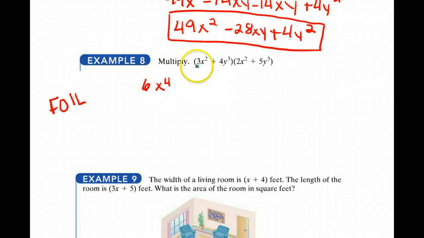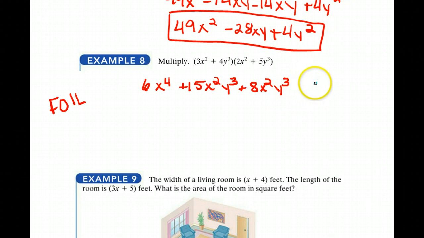The outers are 3x squared times 5y cubed, which should have given us 15x squared y cubed. The inners are 4y cubed times 2x squared, which gives us 8x squared y cubed. And the last terms are 4y cubed and 5y cubed, which gives us 20y to the 6th.